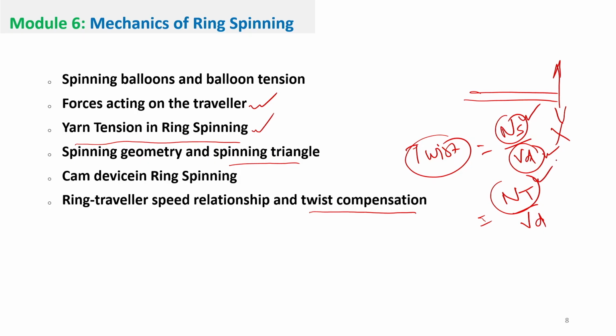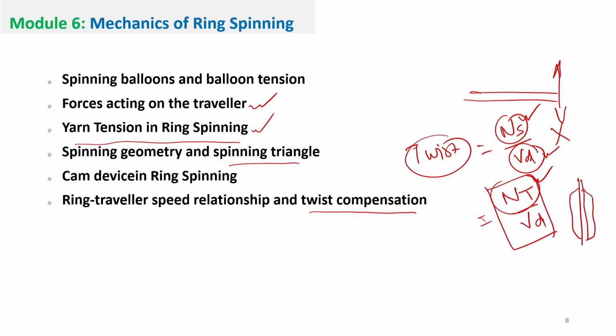Traveler revolution is responsible for twisting, because spindle helps the traveler to rotate, but they rotate at different rotational speeds. So, if we calculate the actual twist inserted during ring spinning, it is Nt by Vd, which is present in the ring bobbin, okay.